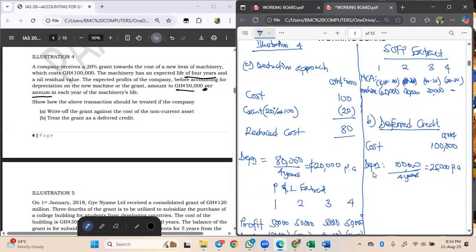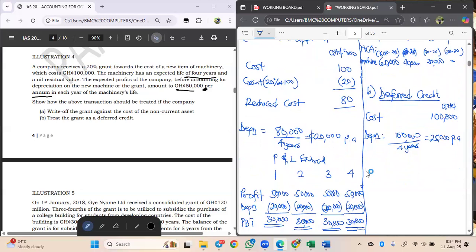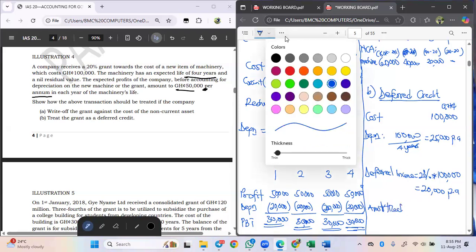Now let's look at the grants or the deferred income. You are saying the grant is 20% towards the cost of a new item of machinery. So 20% of 100,000 is what? It is 20,000. So you amortize the grant. Let me write amortization of grant.